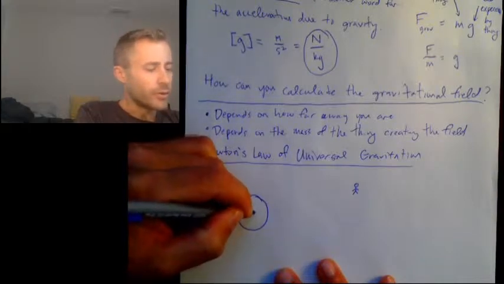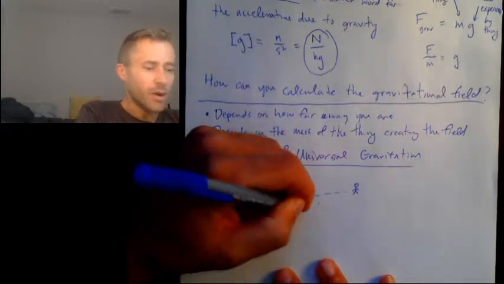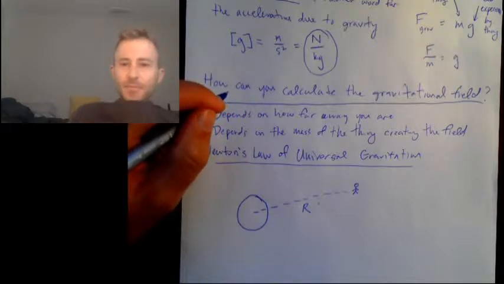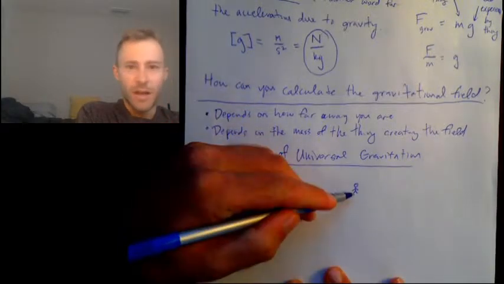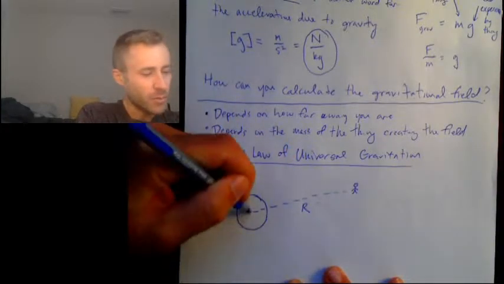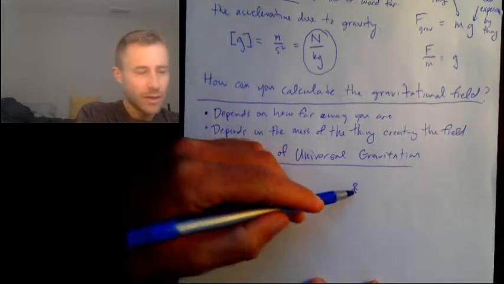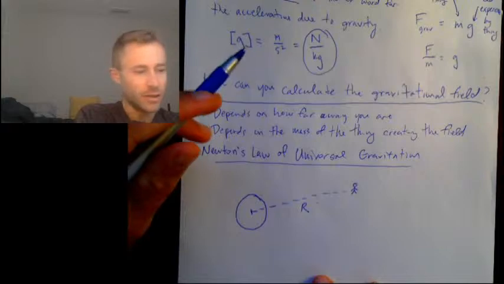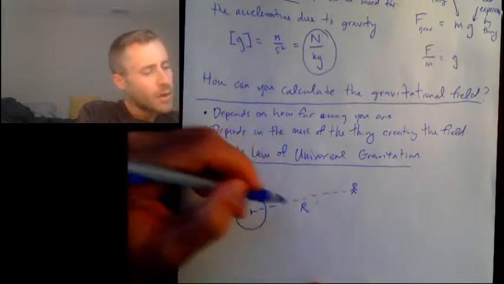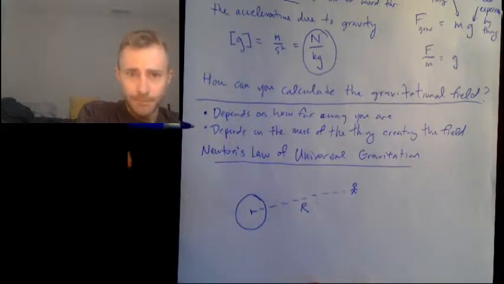We are going to define big R to be the distance between the astronaut and the center of the planet. So this is an important point. Big R is the distance between the thing and the center of the planet, not the surface, but the center. Okay. All right, so that is called R.